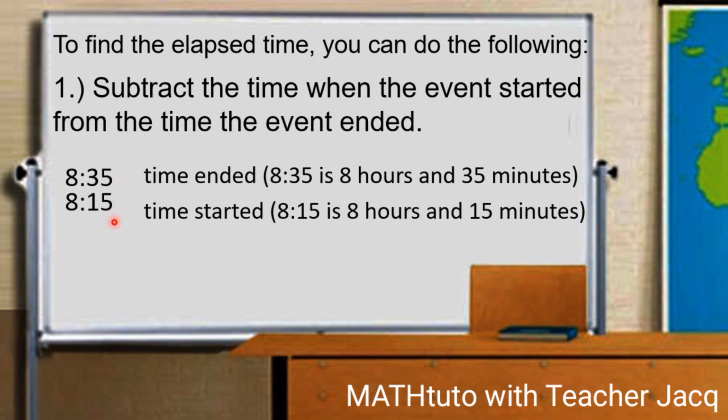Okay, so, 5 minus 5 is 0. 3 minus 1 is 2. And 8 minus 8 is 0. Therefore, RJ consumed 20 minutes in answering his activity 1 in math module.